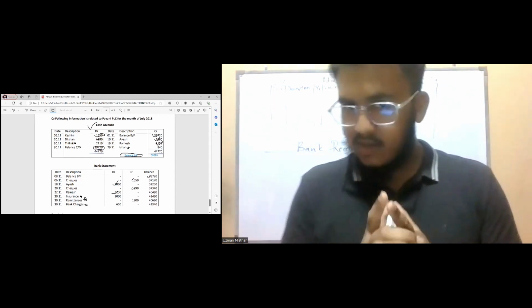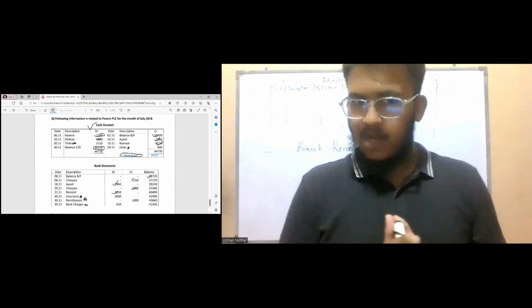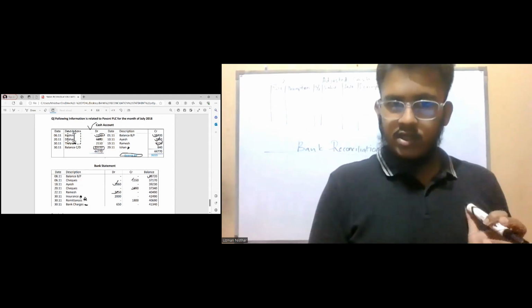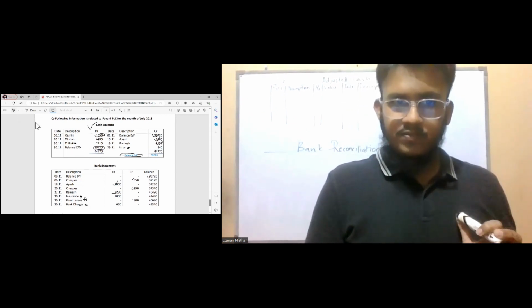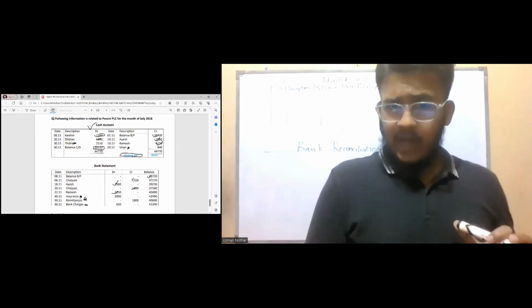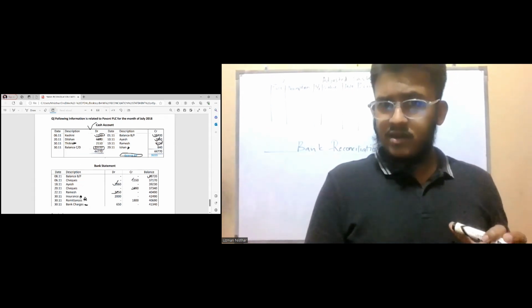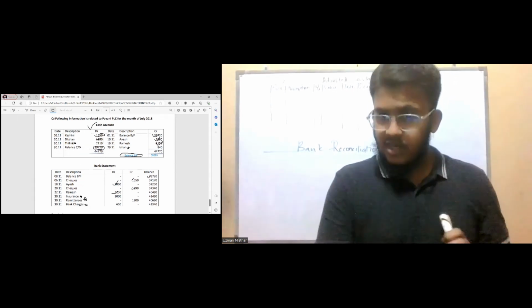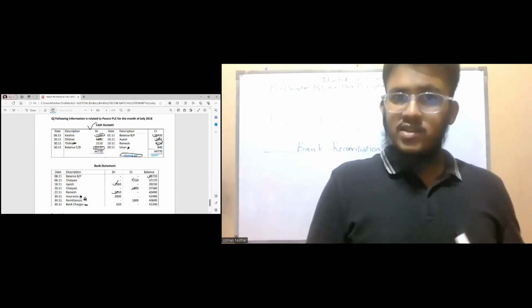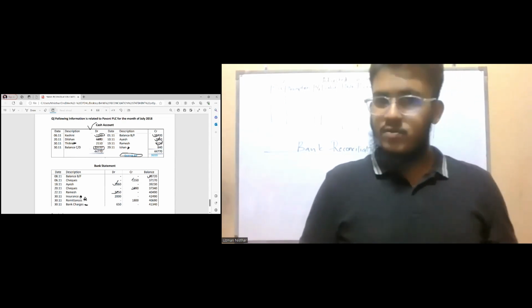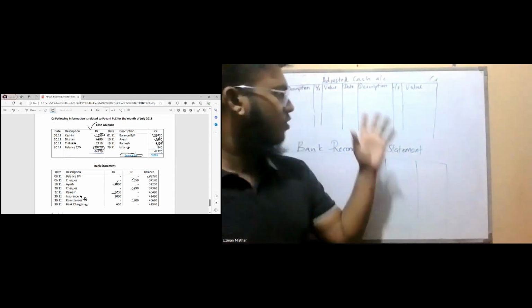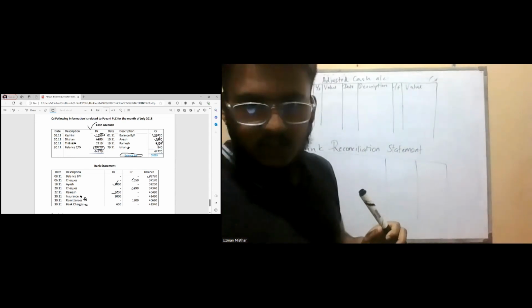But in this case, look carefully, we have a credit balance. The balance carried down is on the debit side, and the balance brought forward is on the credit side. So this means this is an overdraft balance or credit balance. So we take the balance brought forward.